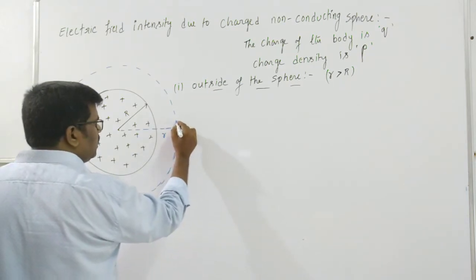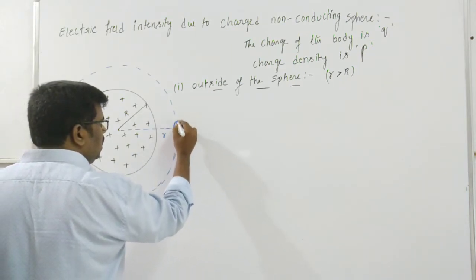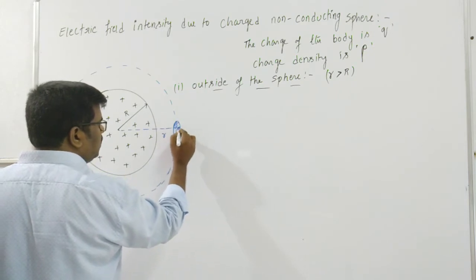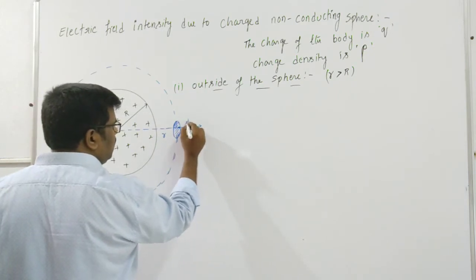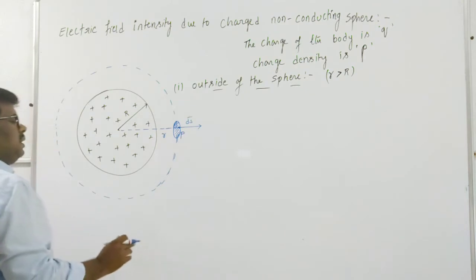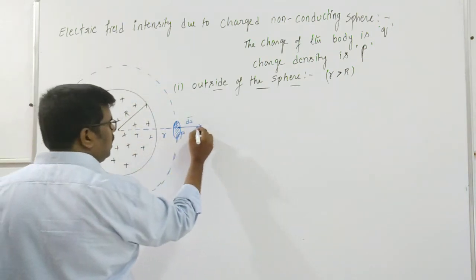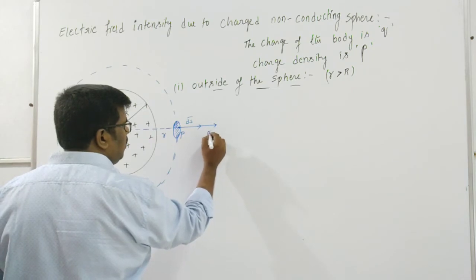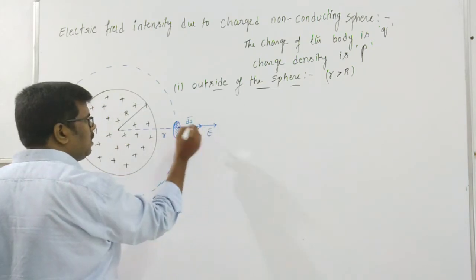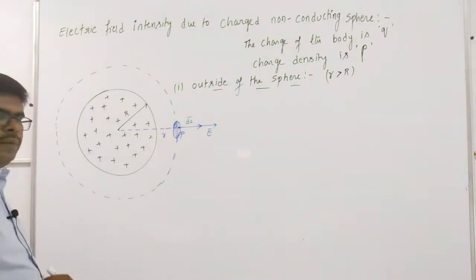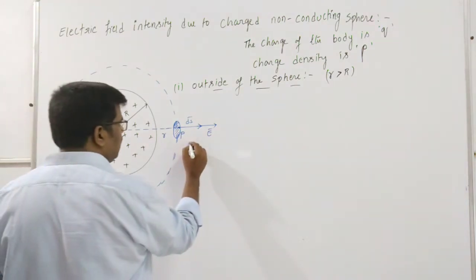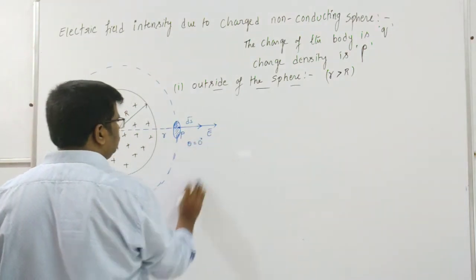Now on this, if a small area element is taken, the area vector is ds bar, and the electric field intensity is radially outwards in all directions. The electric field intensity E bar is also along the same direction as the area vector, so theta equals 0.